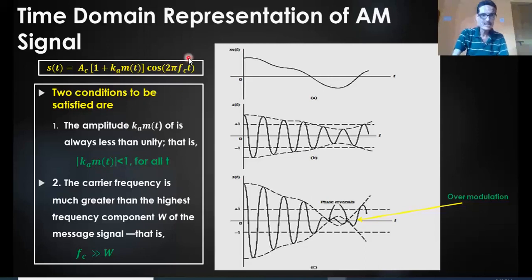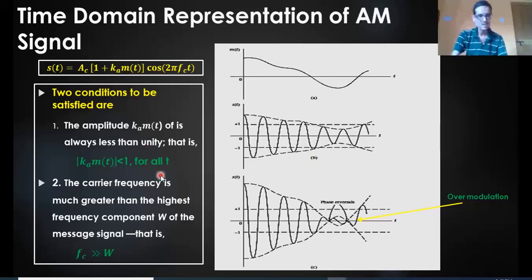The second condition is that the carrier frequency should be very much greater than the highest frequency in the message spectrum. For example, for 20 Hz to 20 kilohertz, 20 kilohertz is the highest frequency in the audio band. For a voice band of 300 to 3000 Hz, 3000 Hz, or maybe 3.4 kilohertz, is the highest frequency. So we have to satisfy these two conditions.